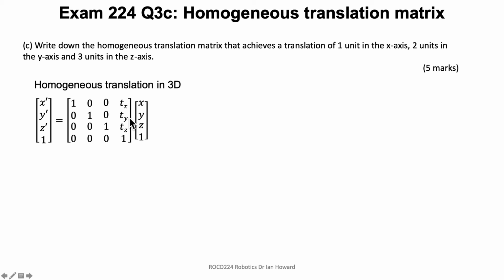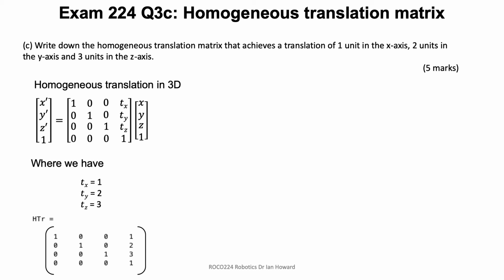Then we have the tx, ty and tz components of the translation. In our case tx equals 1, ty equals 2, and tz equals 3. So we plug those values in, and we have 1, 2, 3. That was quite a simple thing to do.